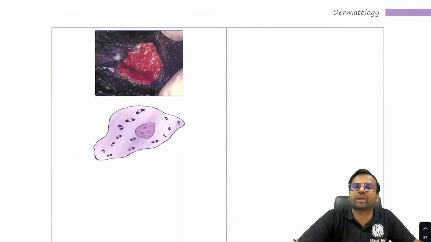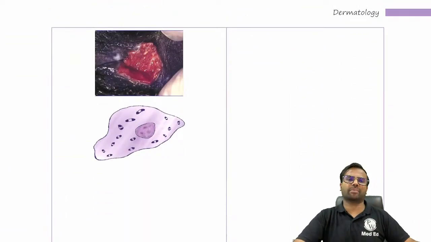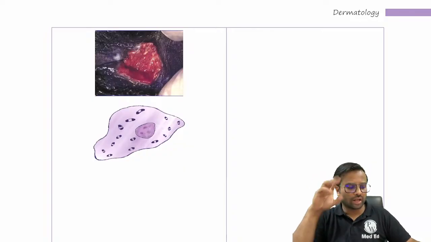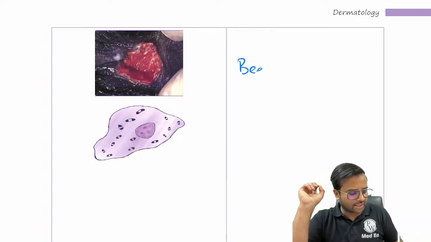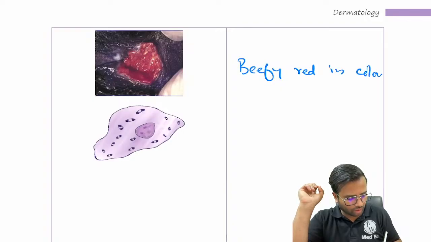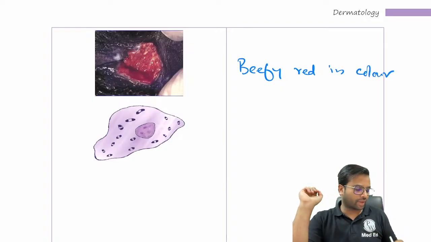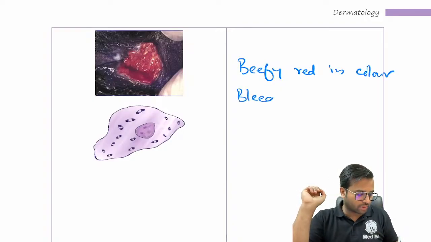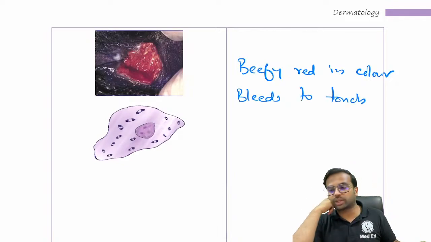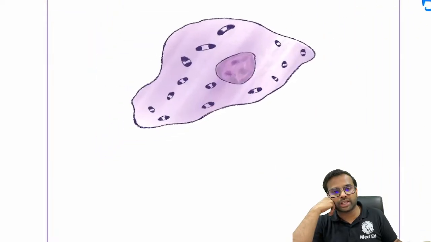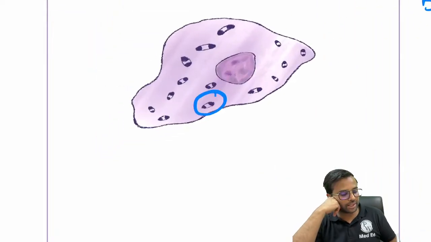Now what is this? If it is coming for your exam as a genital ulcer, and I can see that this is beefy red in color and it bleeds to touch. And you can see that when I zoom this image on a tissue smear, you find something like this.